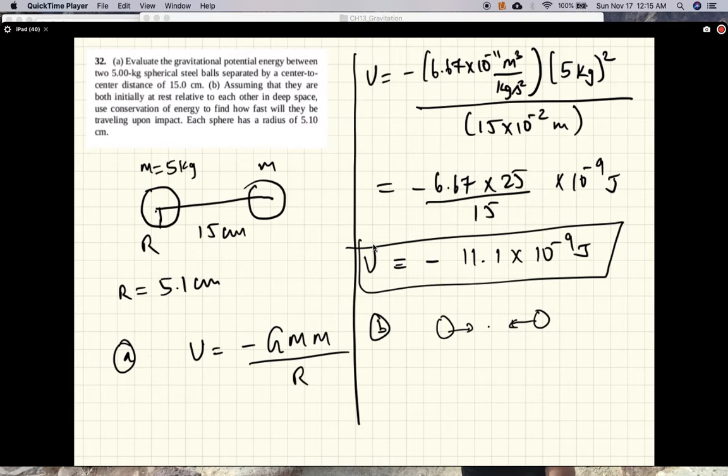So now each will be moving with velocity v at impact, and what has happened is this potential energy is converted to kinetic energy at the end.